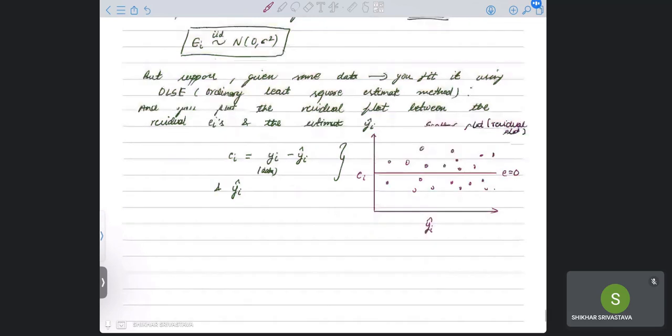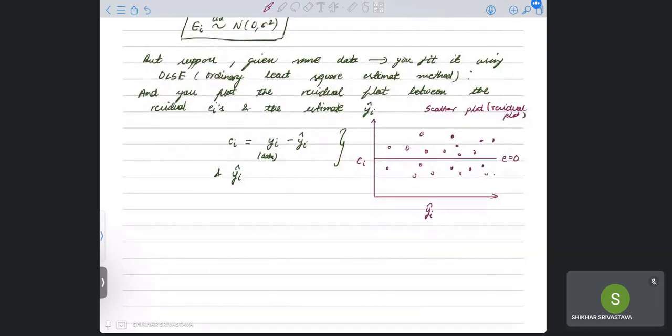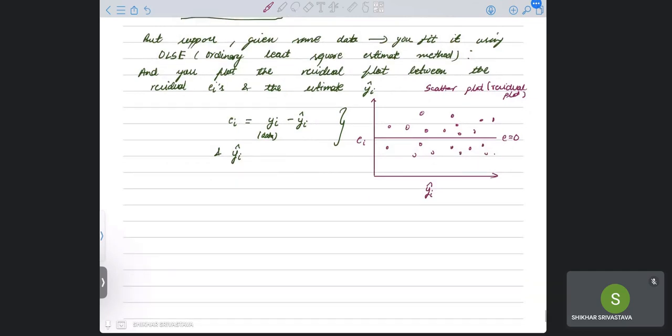If your scatter plot looks like this, that is, your residuals are uniformly distributed about the e equal to 0 line, that means the variance of your response variable is more or less constant.